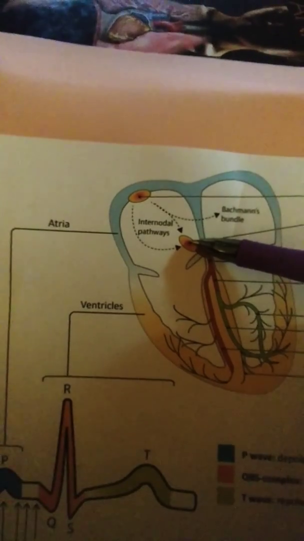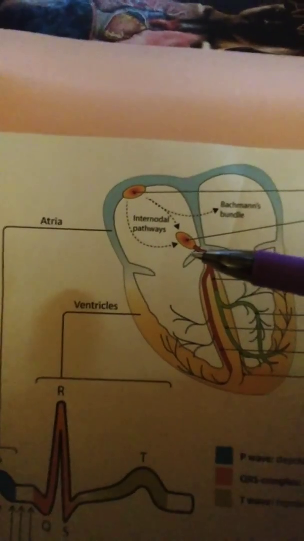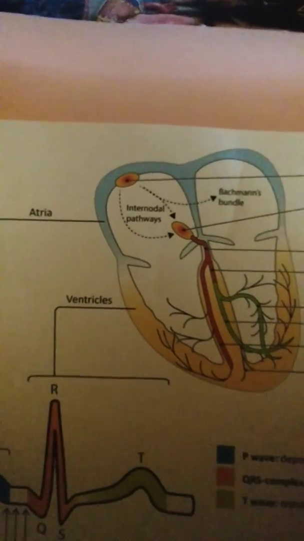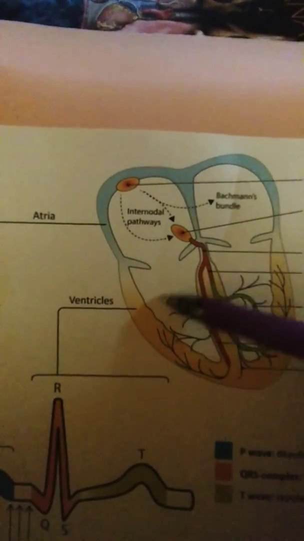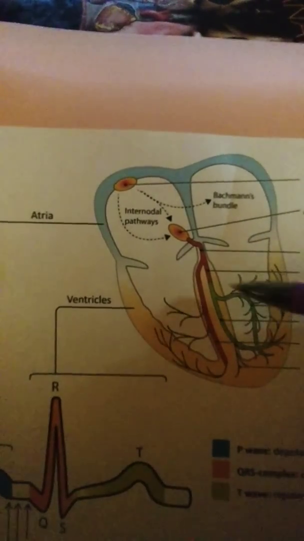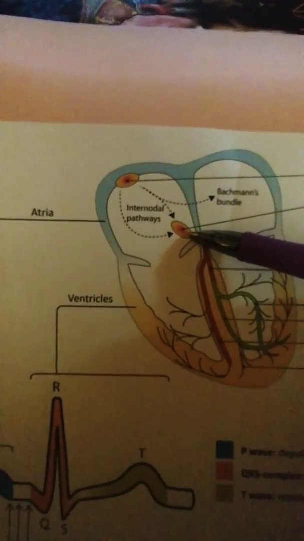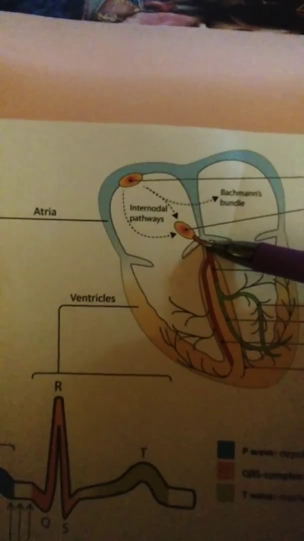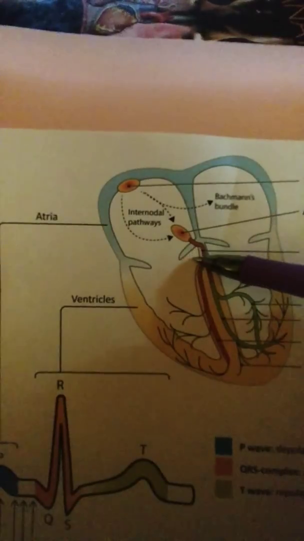And once the signal arrives to the AV node, it is slowed for an instant to allow the heart's right and left ventricles to fill with blood. So as the right and the left ventricles are filling with blood, the electrical signal in the heart is going down the bundle of His, which is this right here.